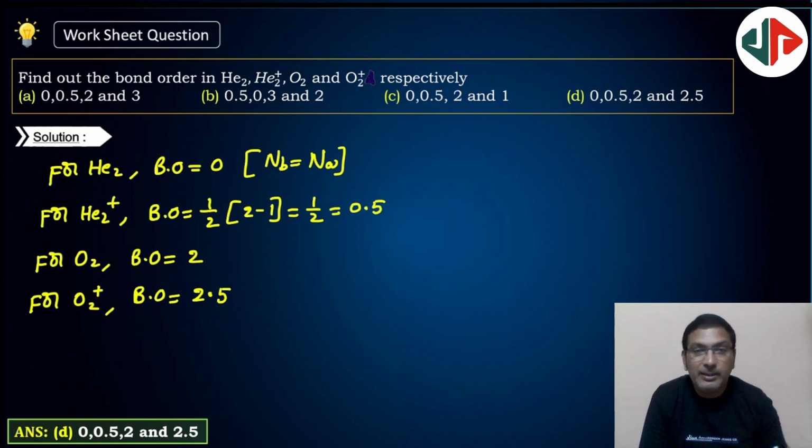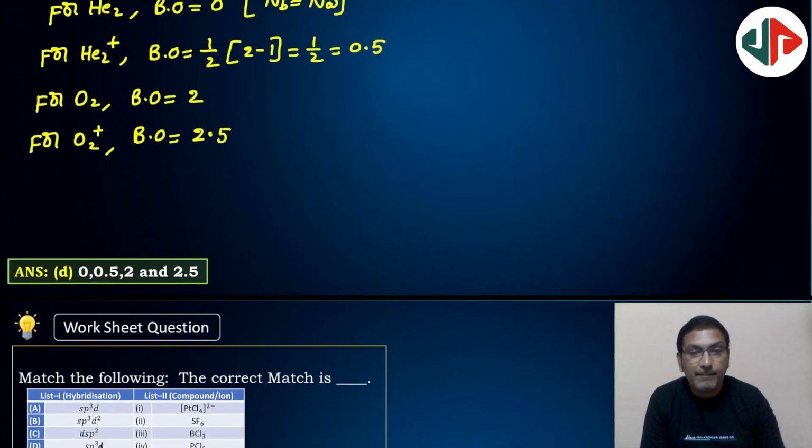From molecular orbital theory diagram, MOED diagrams. Check here. For He2, 0. For He2 plus 0.5. For O2, 2. And O2 plus 2.5. Therefore, option D. Next one.